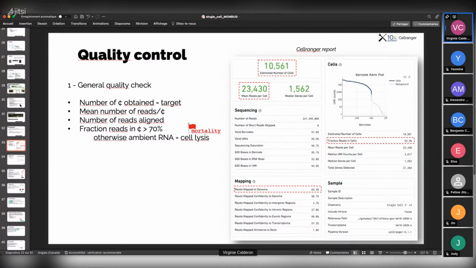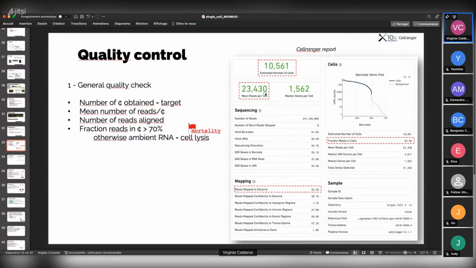The first one is, what is the estimated number of cells? This should be the target that the biologist wanted. If they targeted 10,000 and you just have 1,000 cells, something went wrong in the experiment. So you need to check that the number of cells obtained corresponds to the number of targeted cells. This is the first thing to check here.